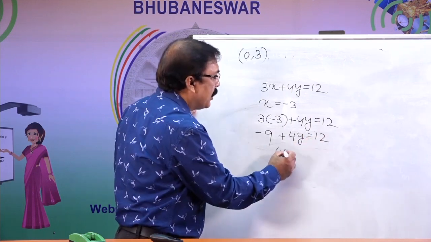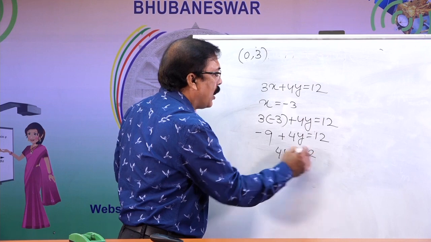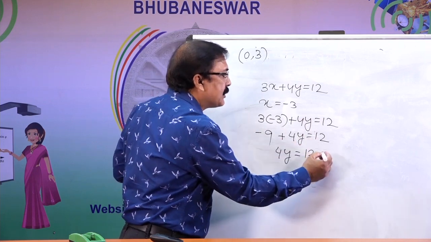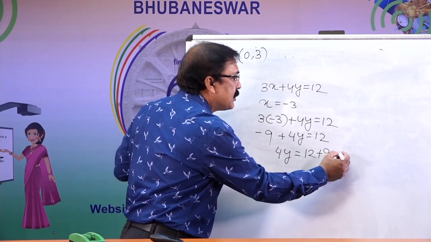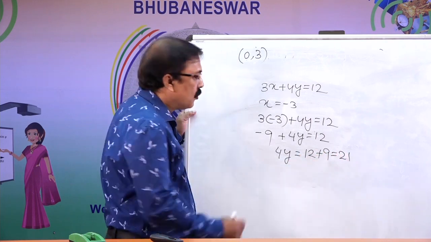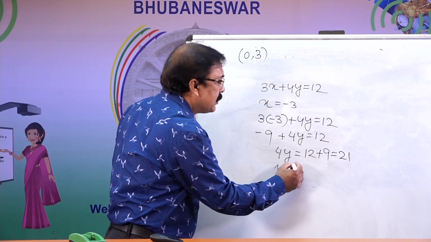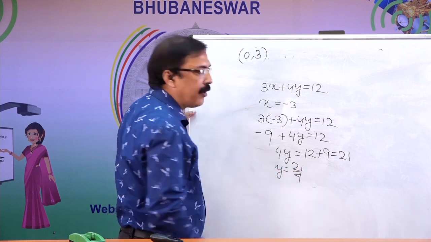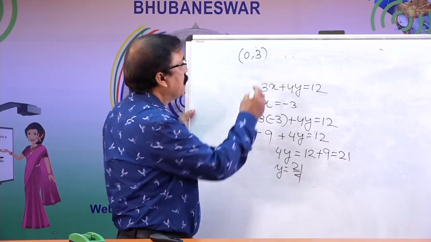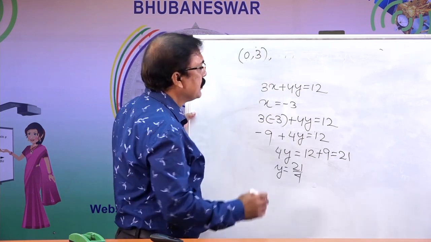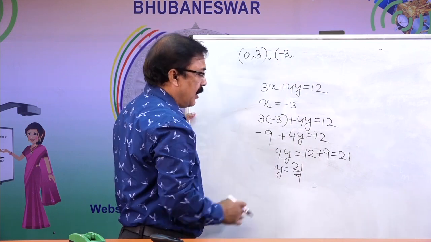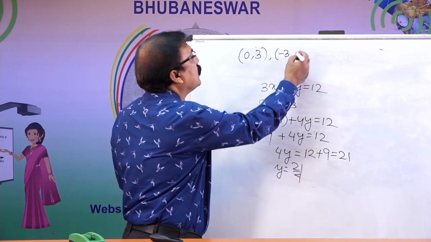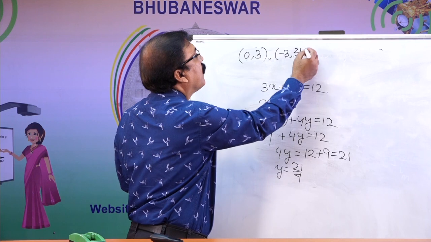So 4y is 12, minus 9 comes to the right side. This becomes plus 9 and this is 21. So y is 21 by 4. So our solution is, the value of x is minus 3 and the value of y is 21 by 4.